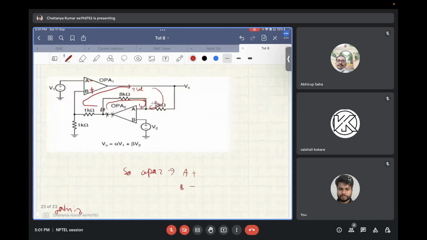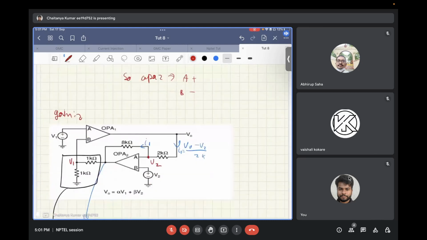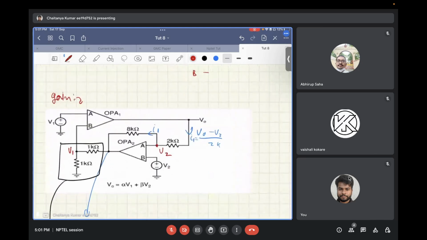Having found that out, the other thing that you needed to find was the gain. For gain, again, both the op amps will have a virtual ground. So the terminal A of op amp 2 will be at V2, and terminal B of op amp 1 will be at V1.